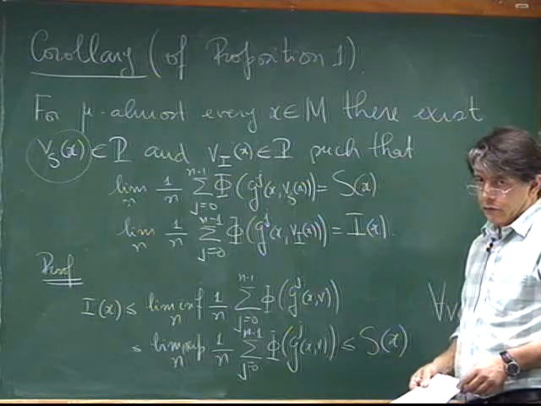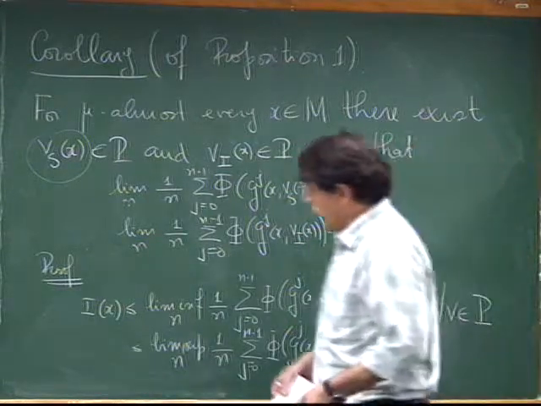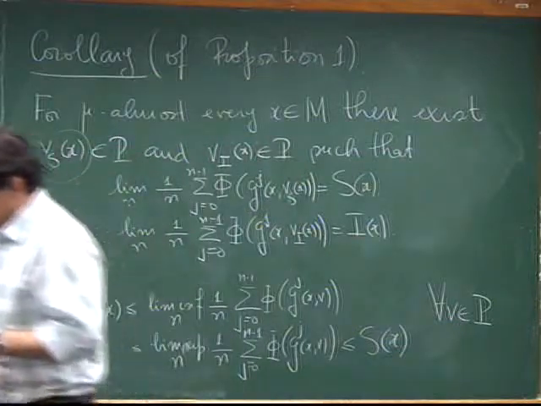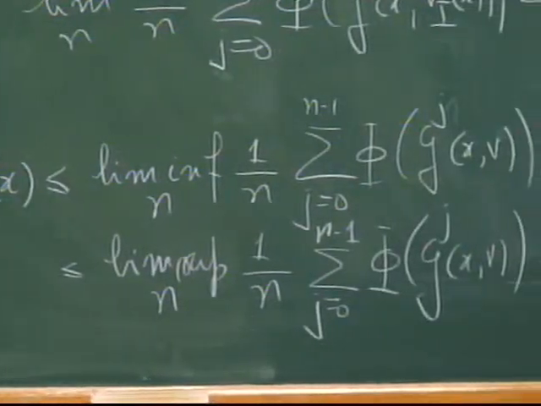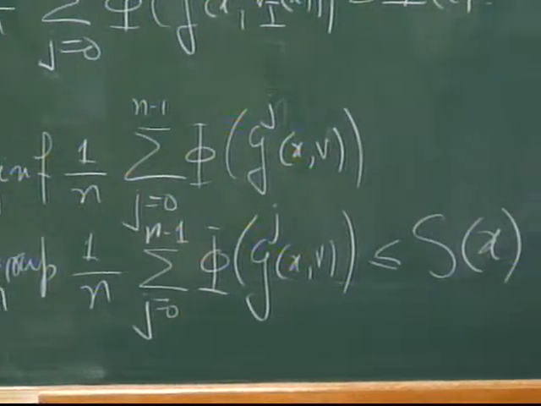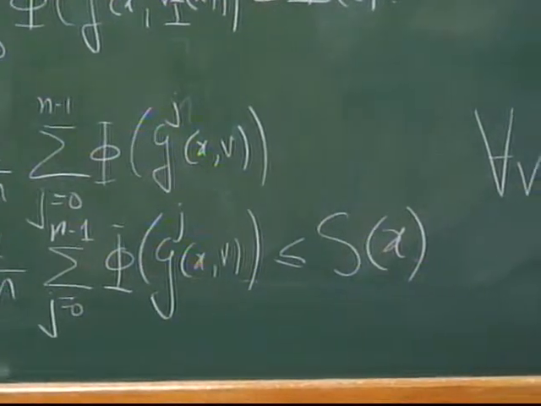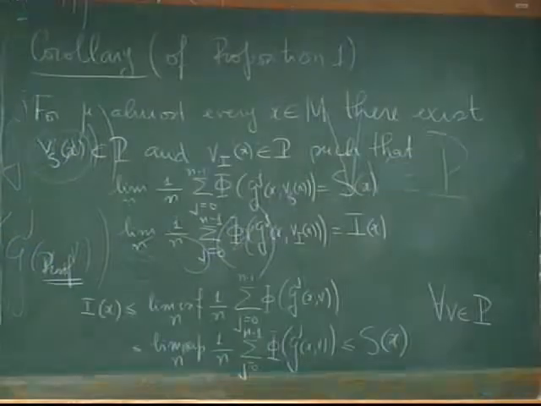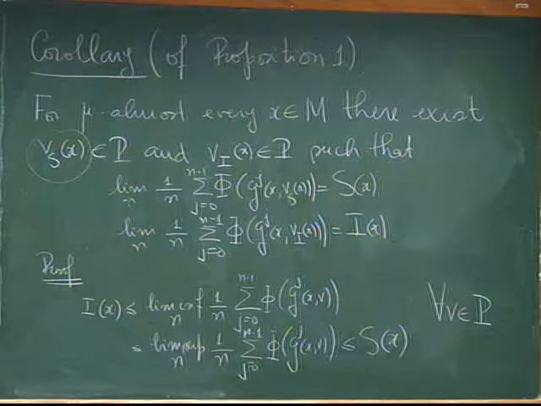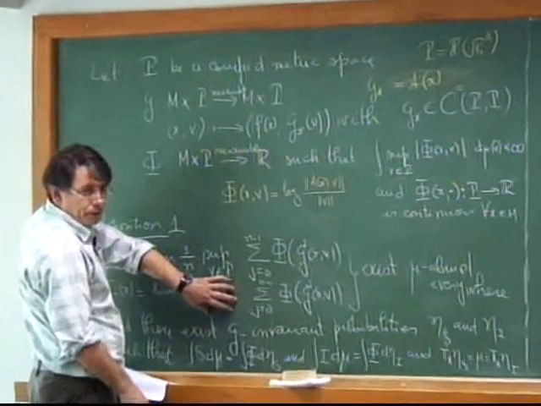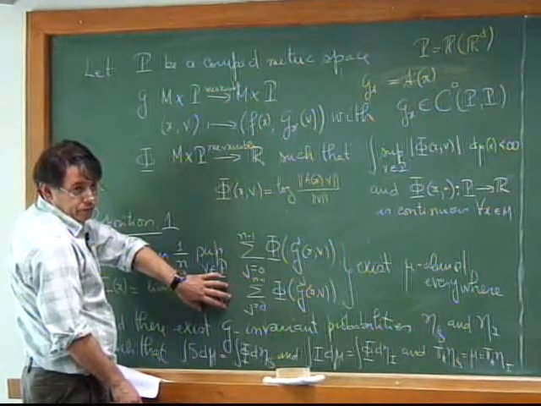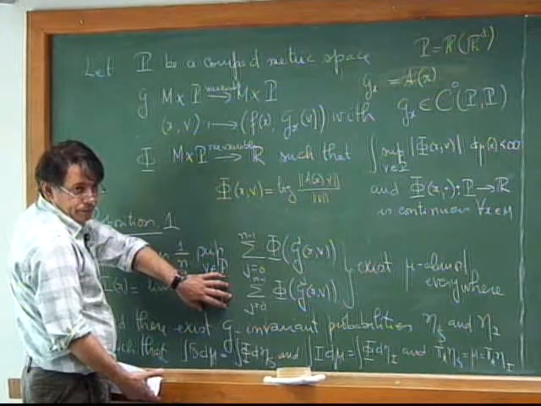Now this should be easy to see. For example, what do you do to calculate I of x? You calculate this expression for every v. Then you take the infimum. Then you go to the limit. And that's I of x. If you don't take the infimum, then your expression is larger.